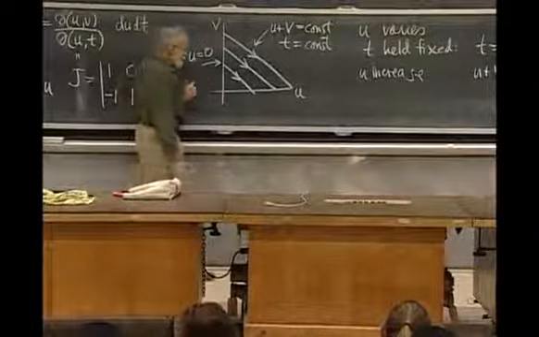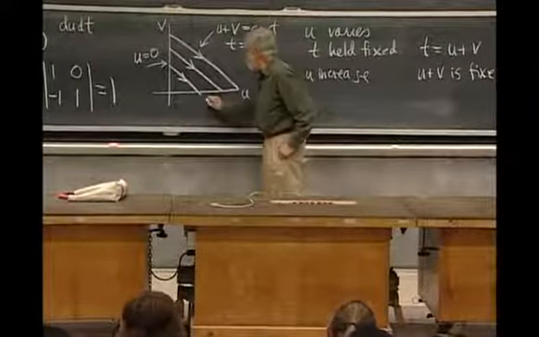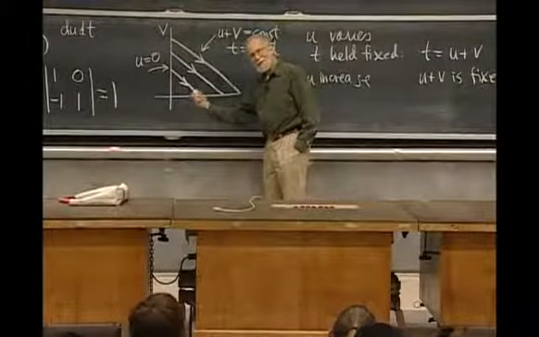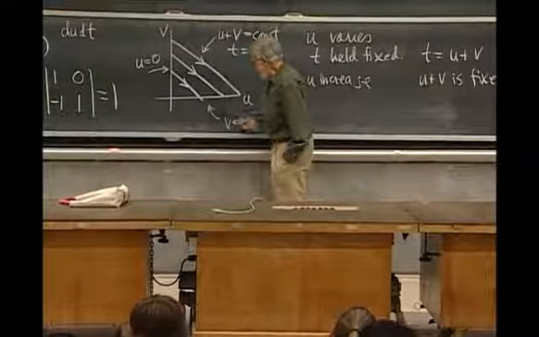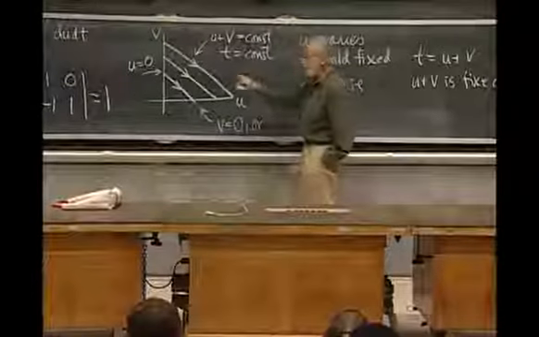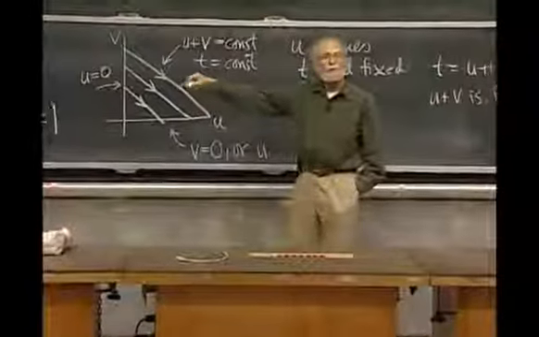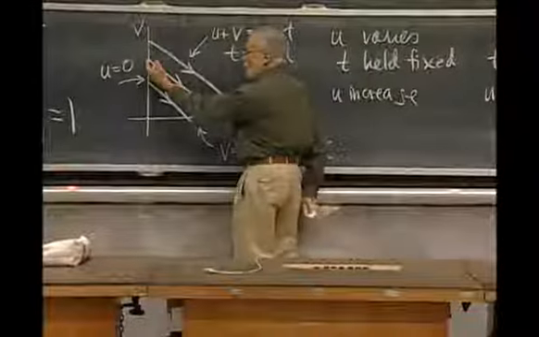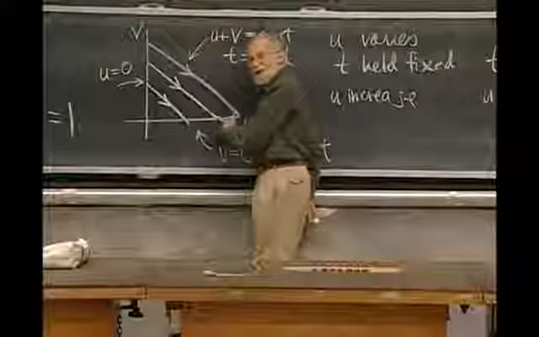Not so many people would be able to figure out what to put for where it leaves the region. Well, this is the curve v equals 0, but v equals 0 is, in another language, t minus u equals 0, or u equals t. In other words, they enter the region where u equals 0, and they leave where u has the value t.